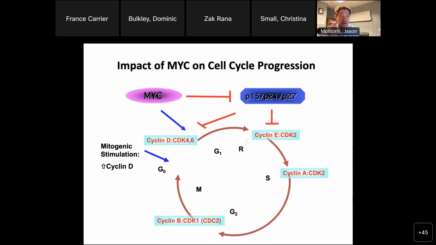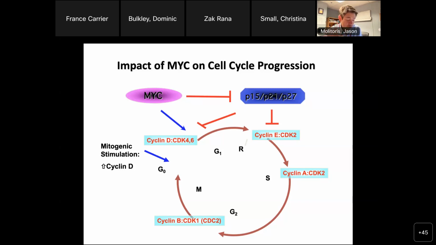This is an example here of how MYC functions within the cell cycle. The cell cycle is a little bit outside the scope of this lecture, but I know it's obviously part of the course and part of the exam. Expression of MYC induces activation of cyclin D1, CDK4, and CDK6 complexes. That's in the G1 to S transition.